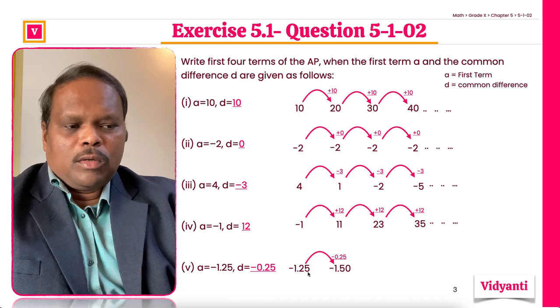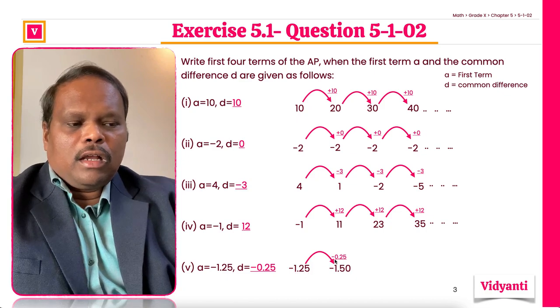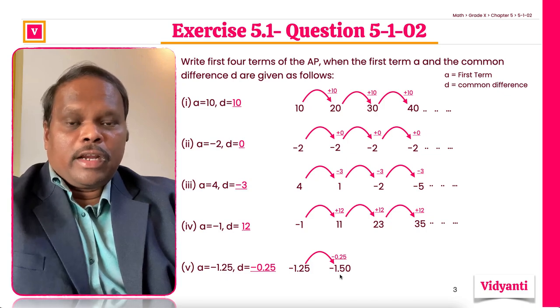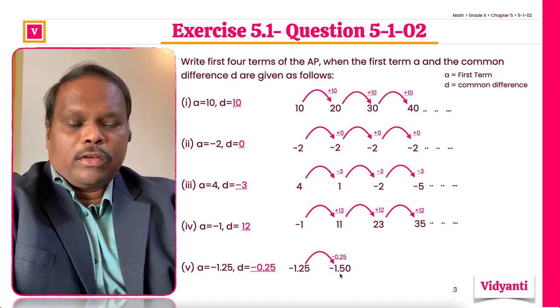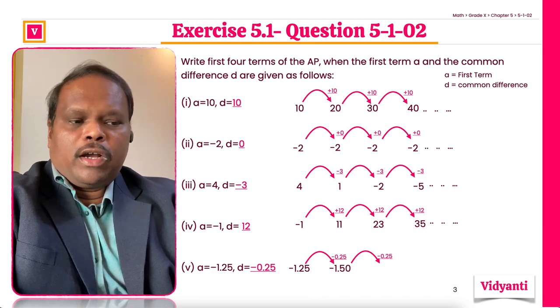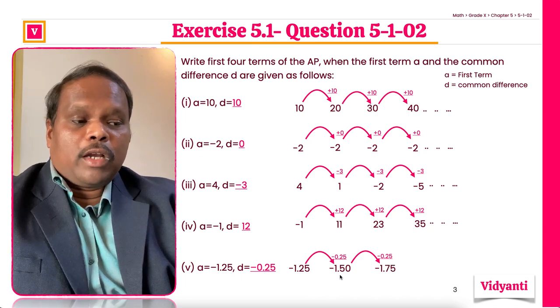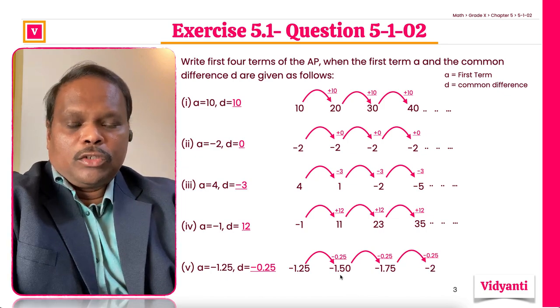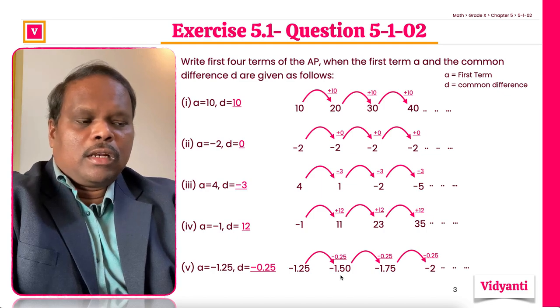Remember, minus 1.25, and then on top of that minus 0.25. So you go further negative. So that will be -1.50. Then you add again minus 0.25. So you go further negative, which is minus 1.75, and so on. So your fourth term will eventually be -2, and this can go on forever.